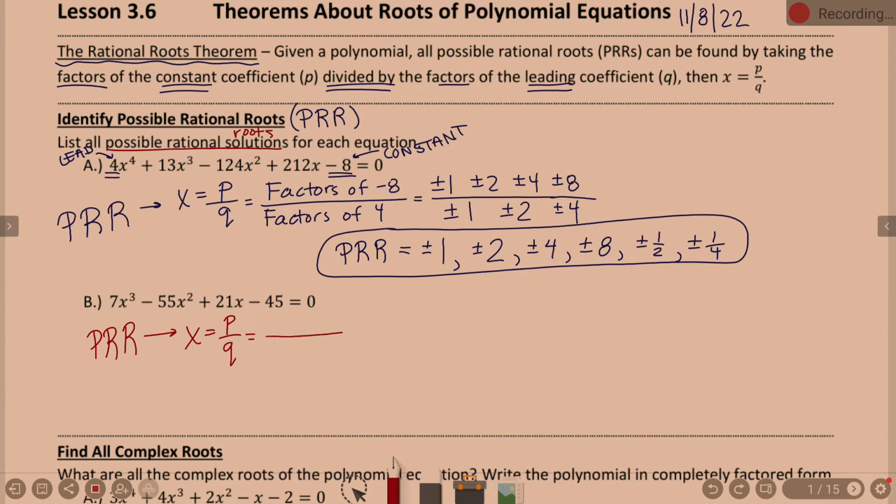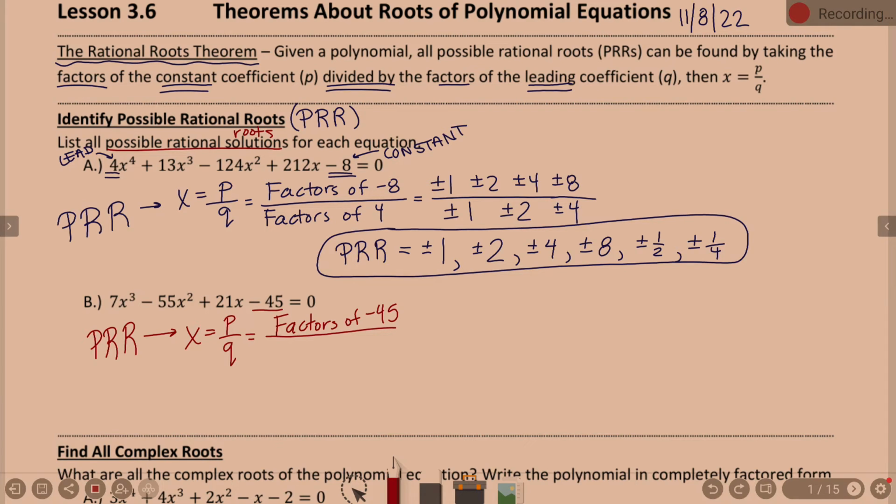But most importantly, it's factors of what over factors of what? So p is factors of my constant. What's my constant here? Negative 45, because it is the term without a variable.